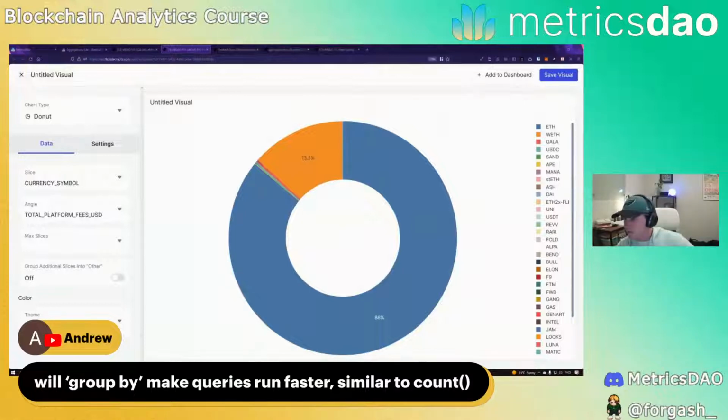Will group by make queries run faster, similar to count? To a certain extent, yes. So it is a function that is being called on a result set of data. So you can run a sum over a year's worth of transaction data, which is going to be a lot, and that will be much faster than getting all of those individual records, because the database is applying that aggregation specifically to one or more columns within that data set.